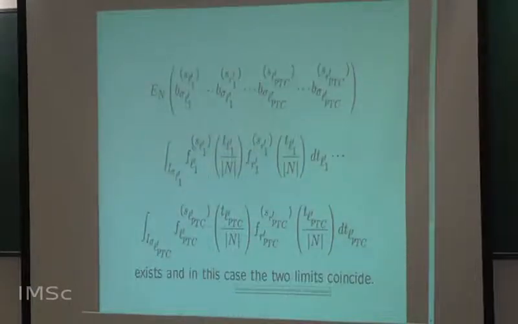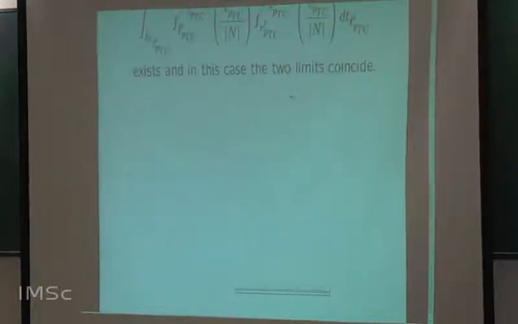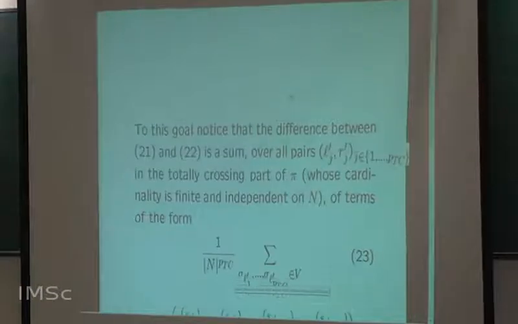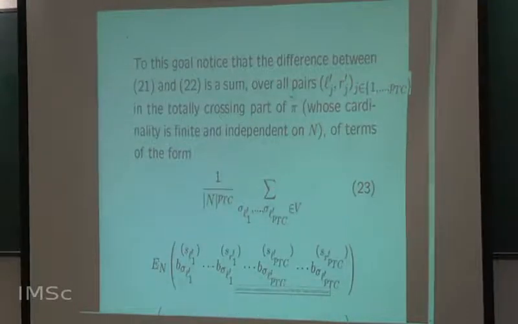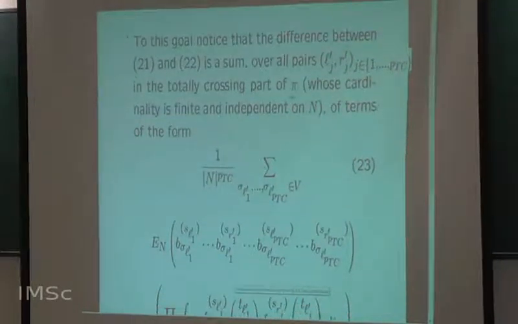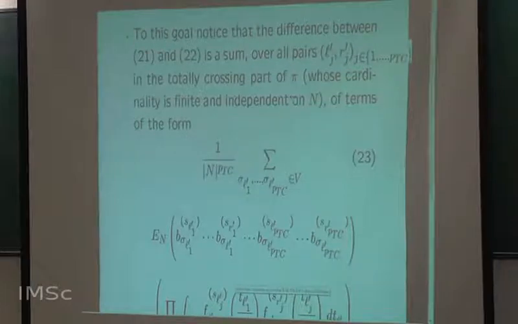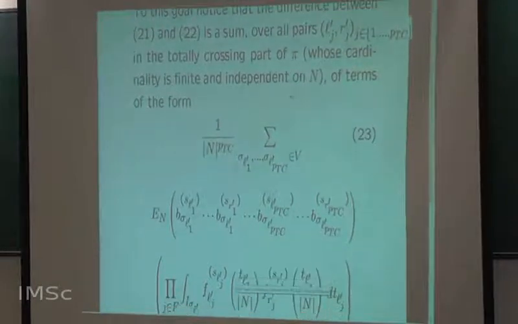The limit will be now, you see, I will have to sum over all this sigma, and the expression will be like this. And remember, we are now in the totally crossing partitions. So we cannot simplify further. This is where non-commutativity enters.